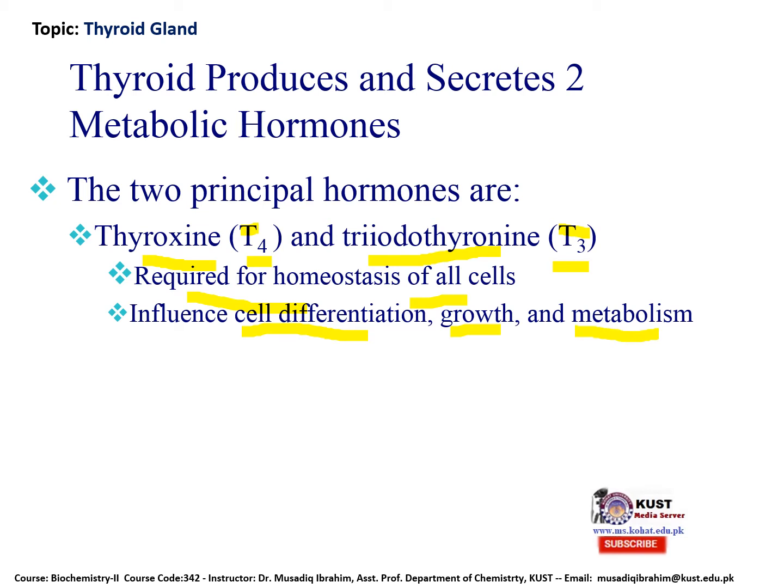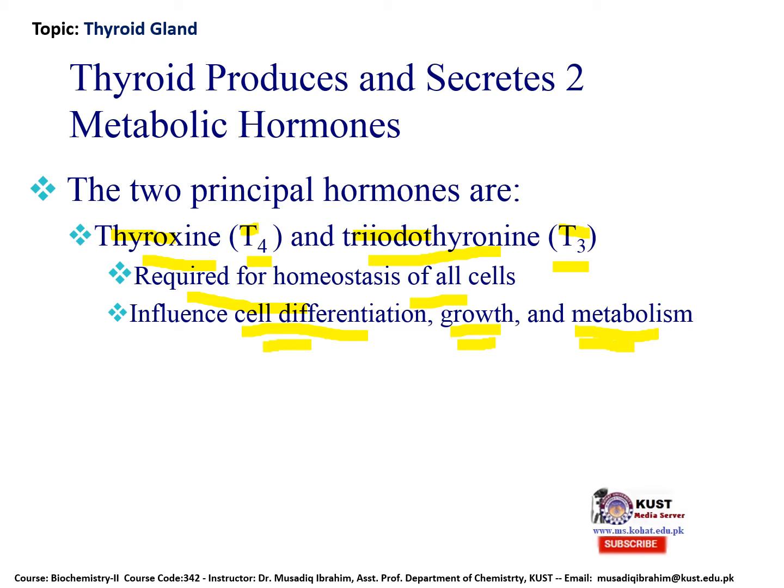So it means that thyroxine and triiodothyronine are affecting the synthesis of different types of cells in the human body, as well as helping in the growth of the cells and tissues and the metabolism of the different cells of the human body.